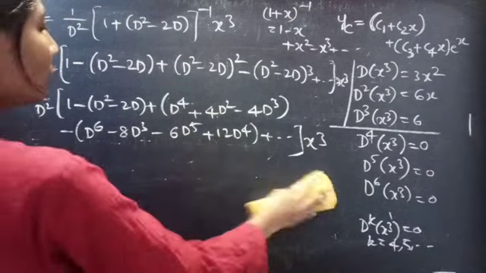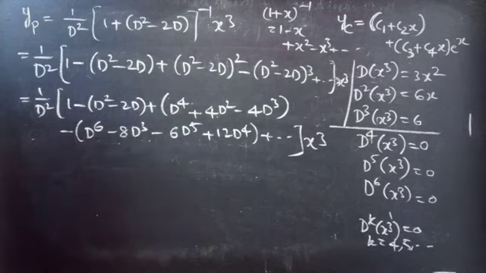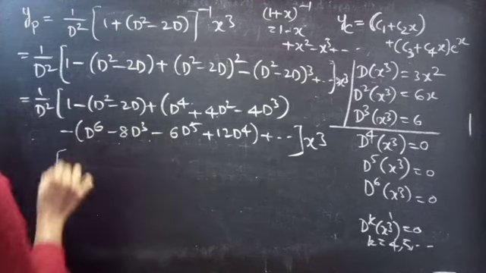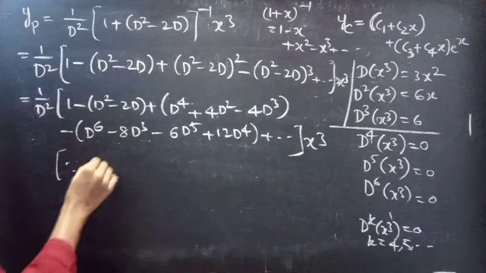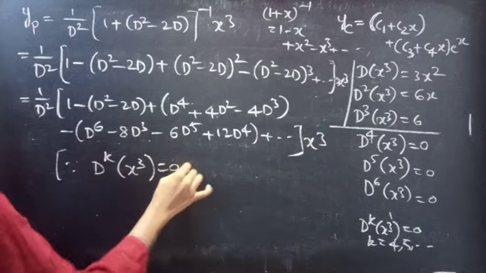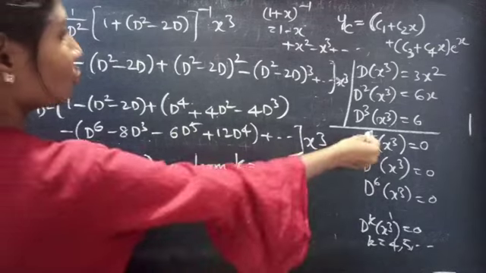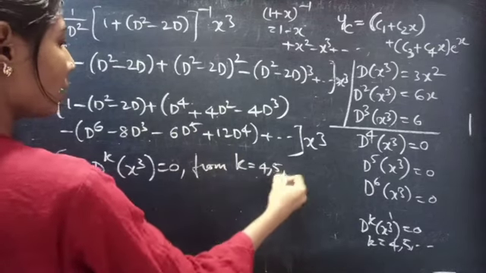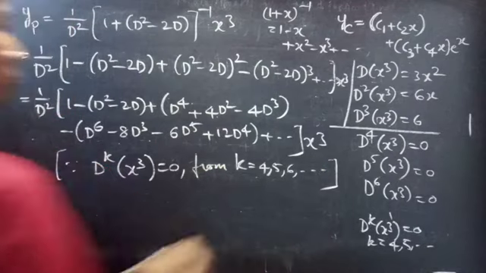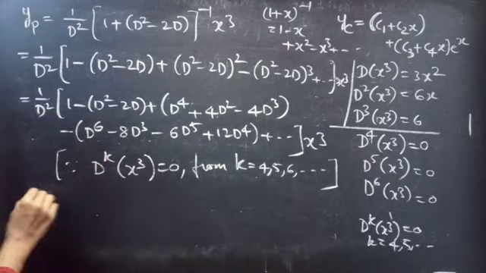Now you can neglect higher order powers or you can just go with the flow, right? But I'll write it here. D to the power k of x³ is 0 for k equals 4, 5, 6 and so on, right? Now you can neglect the higher powers here itself.